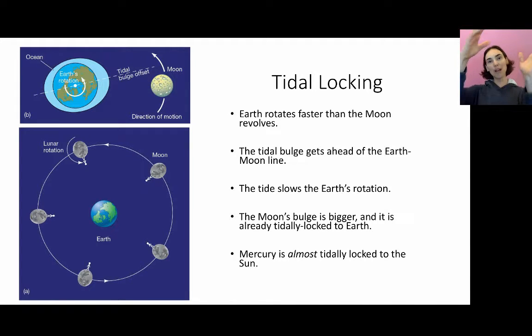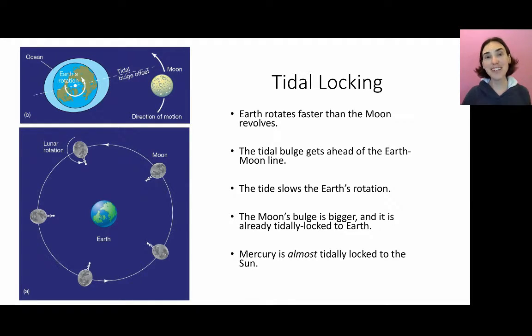This drags back the rotation of the Earth. It makes it rotate slower. And over many millions of years, the day length of the Earth is actually increasing. Many millions of years ago, the day was a few hours shorter because of this effect. And over time, the Earth will become tidally locked with the moon.